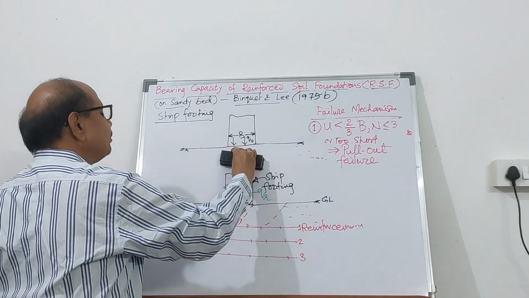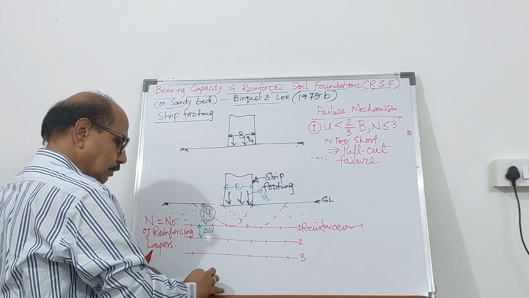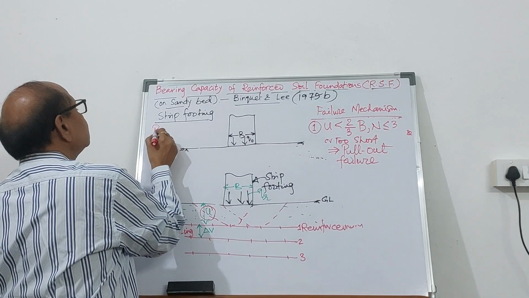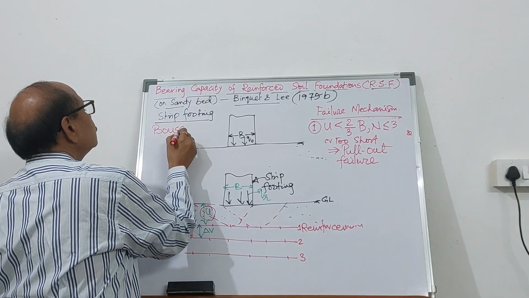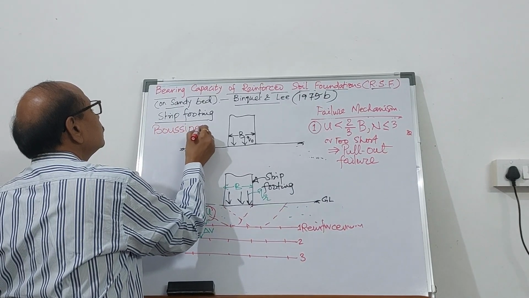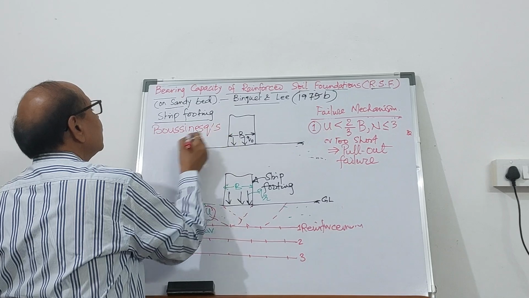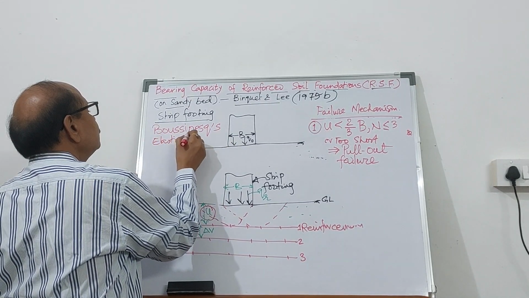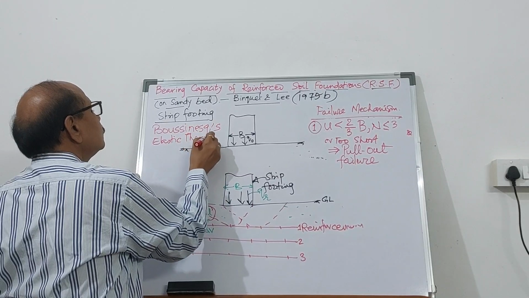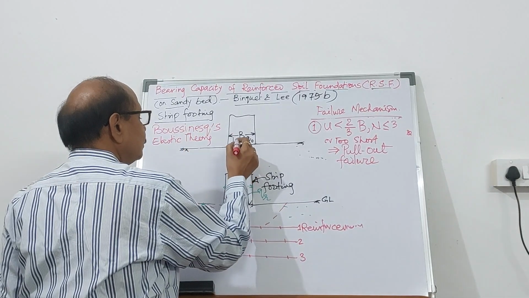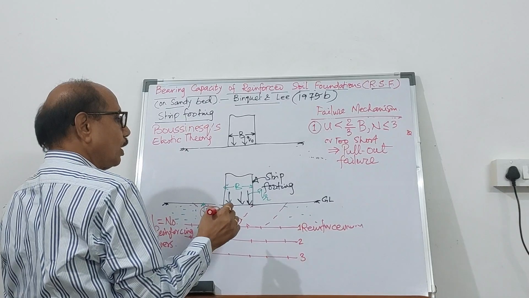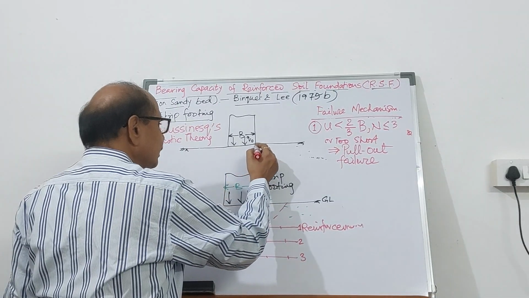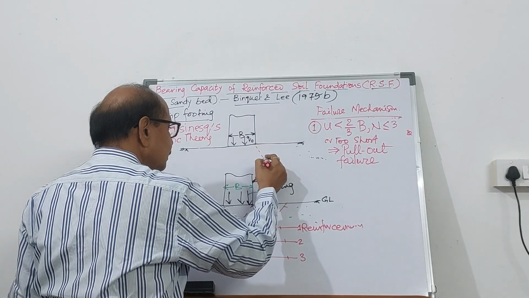So if you apply the Boussinesq elastic theory to compute the locus of maximum shear, it is going to be like this.